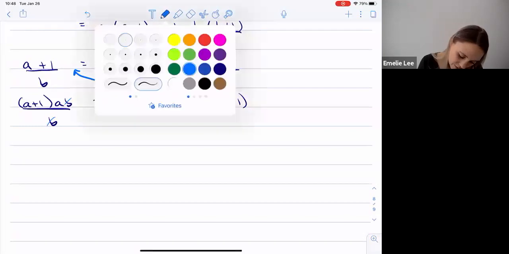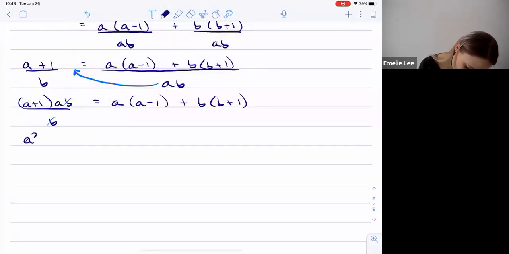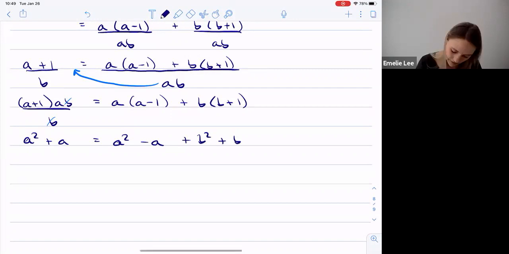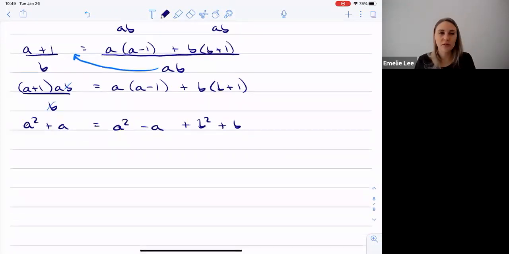Once I expand, I get a squared plus a is a squared minus a plus b squared plus b. Careful with your brackets because I'm running out of time, so I'm going a little bit faster.